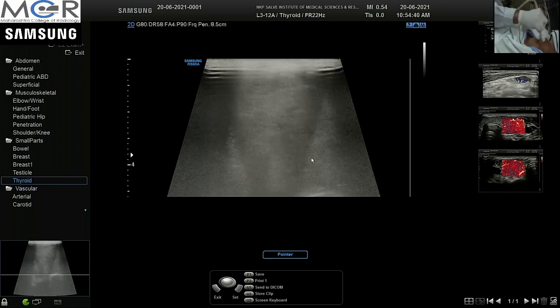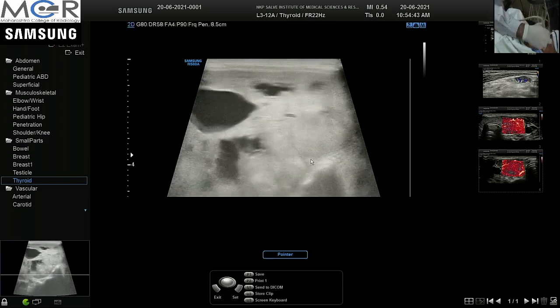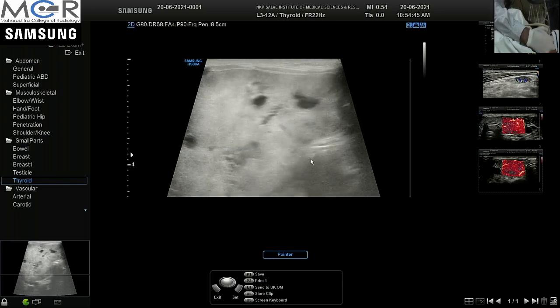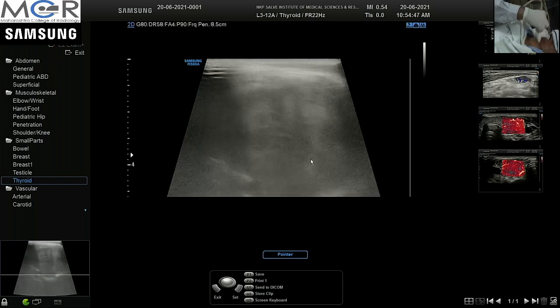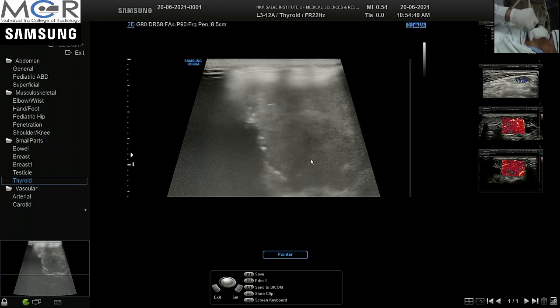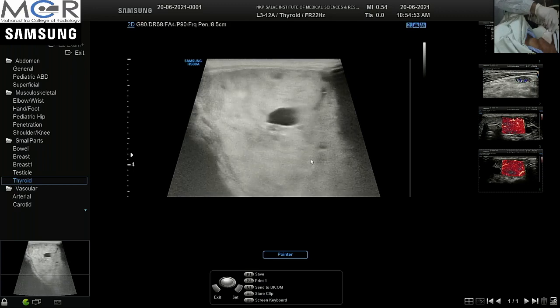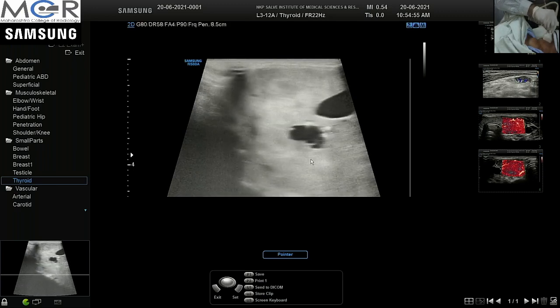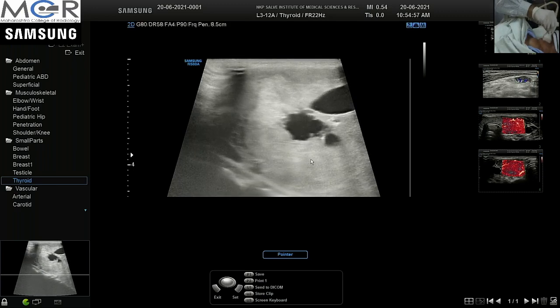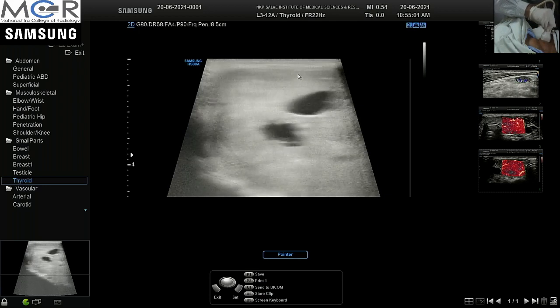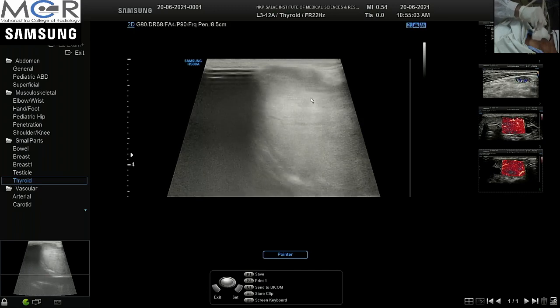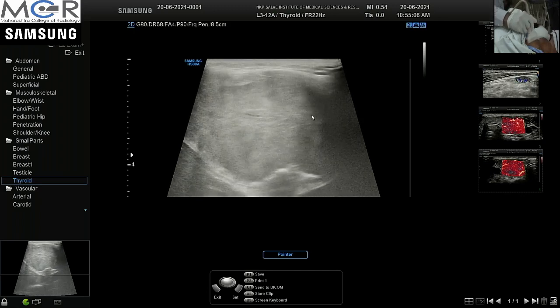Then we need to look for whether there are multiple nodules or a single nodule. It appears to be a nodular mass, and it appears single. In long section, if I come from superior to inferior, you can see the margin is quite well defined, and this goes down up to here.